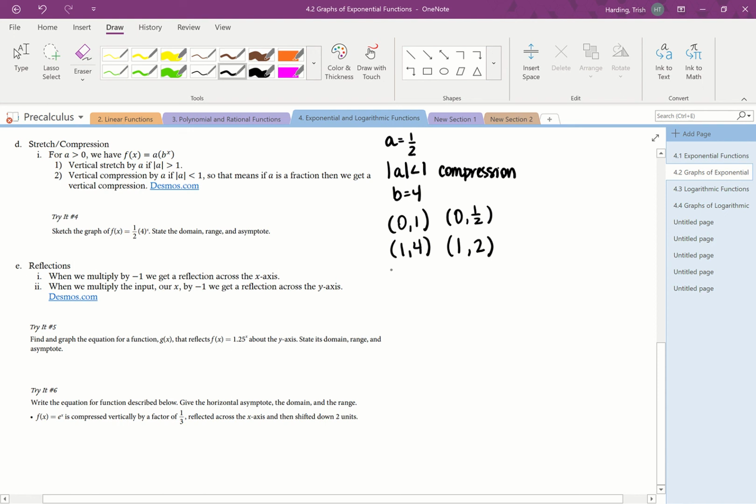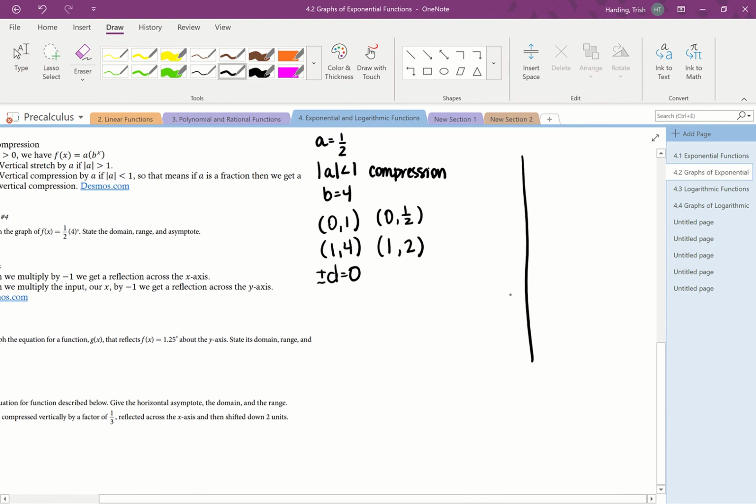Now notice my plus or minus d here at the very end is 0, so it will be in the same place as just your standard equation. So you'll have a horizontal asymptote at y equals 0.